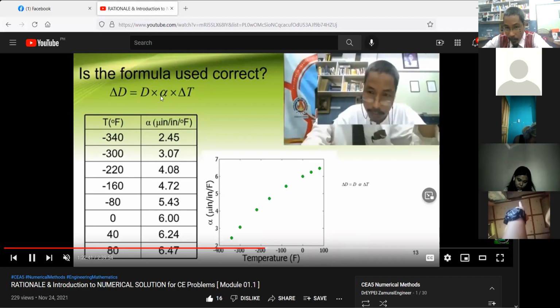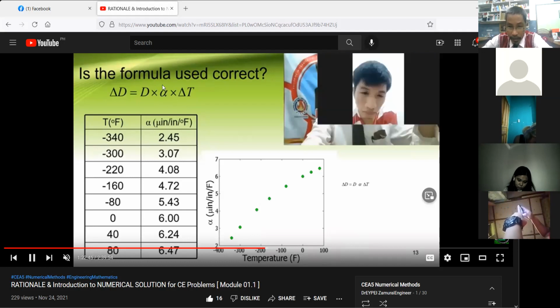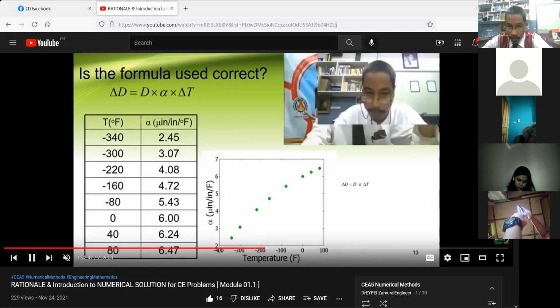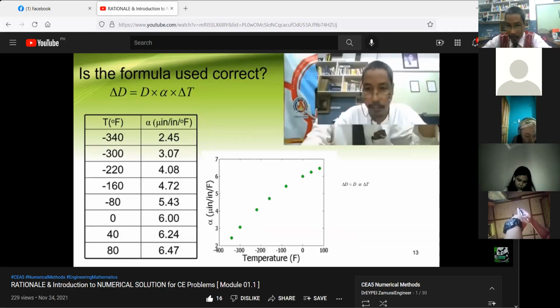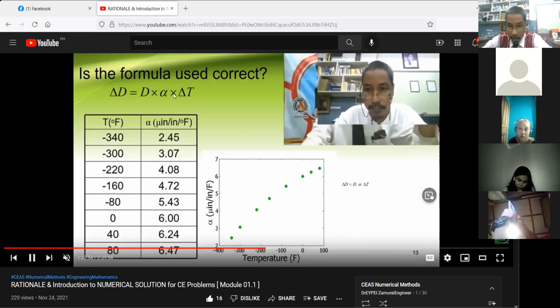They think that this is constant at a specific temperature, for example at ambient temperature.